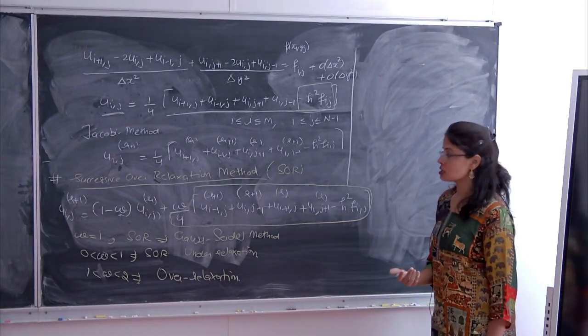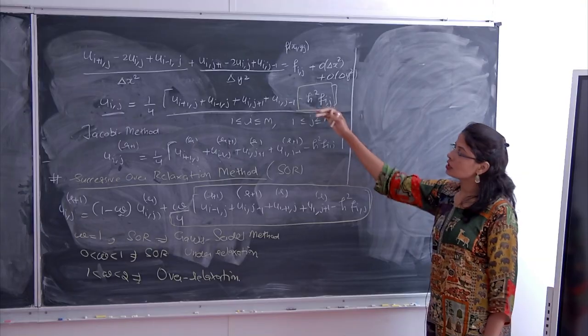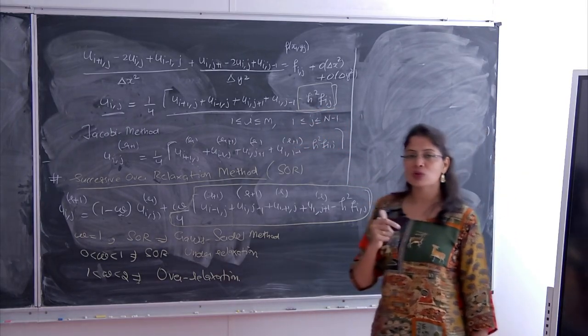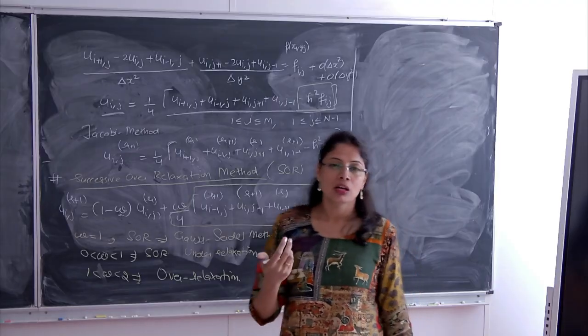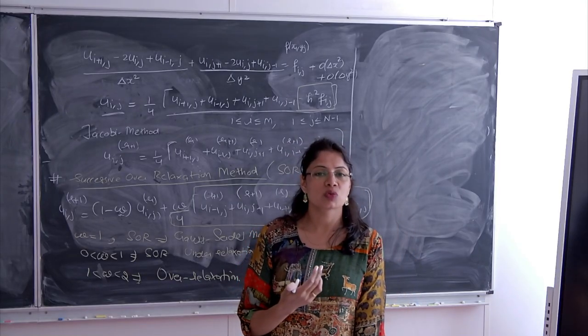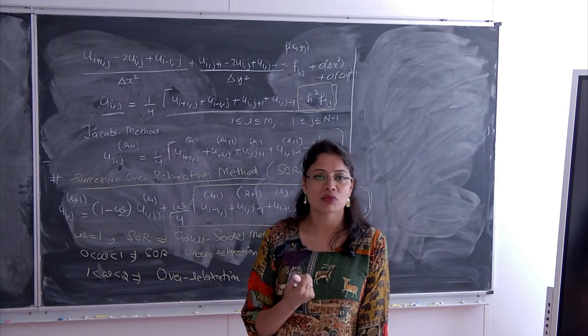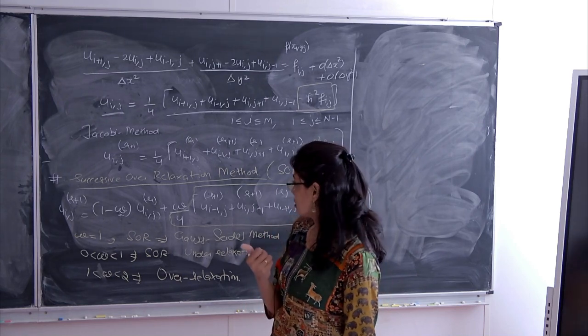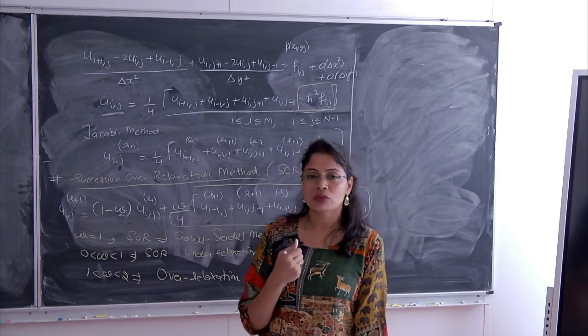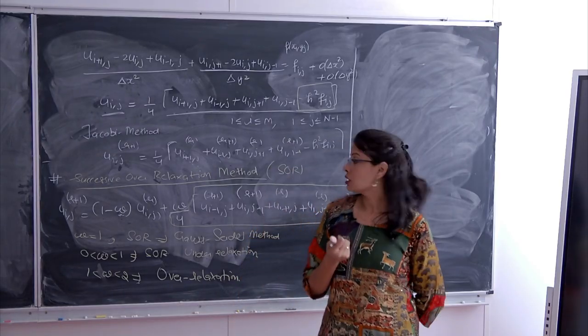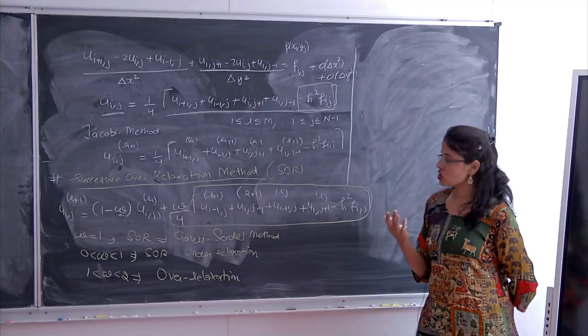Better answers means, as you have seen in the previous examples where we applied the Jacobi method and the Gauss-Seidel method, in one example the Gauss-Seidel method converged faster to the solution in comparison with the Jacobi method. So our idea of introducing the successive over relaxation method is that we converge to the solution very fast.